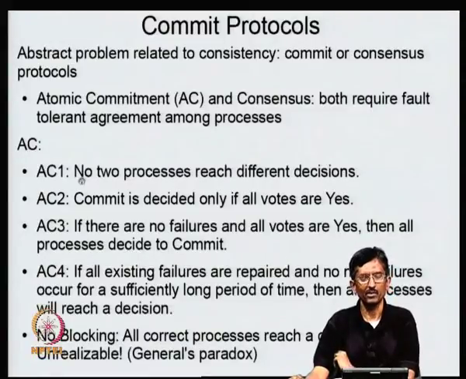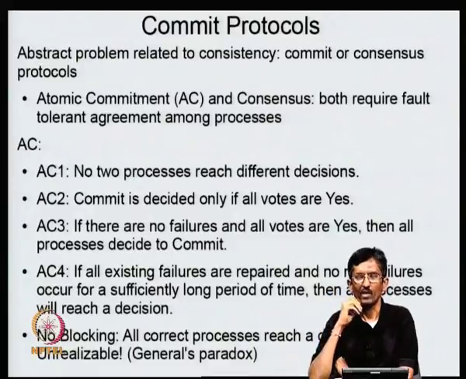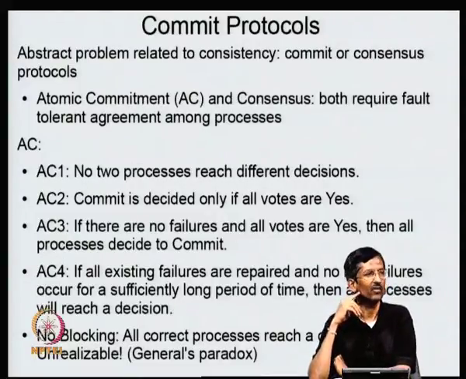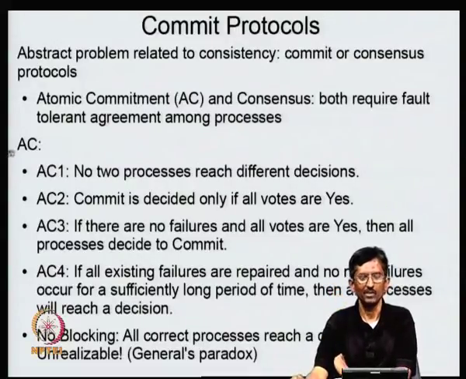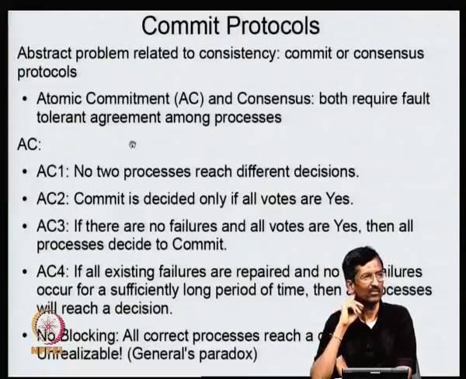How is it defined? Basically, you have a set of processes and they either have to vote yes or no, and before they decide yes or no, they could be in some undefined state, but they have to move to yes or no. Now, what we are saying is we are just talking about two decisions, yes or no. It is basically a simpler problem.